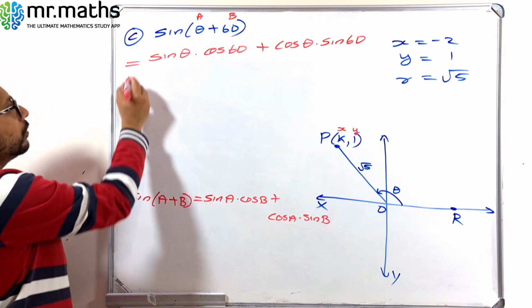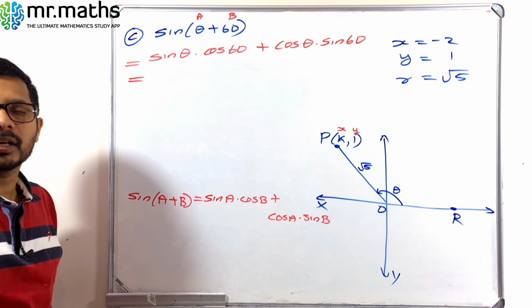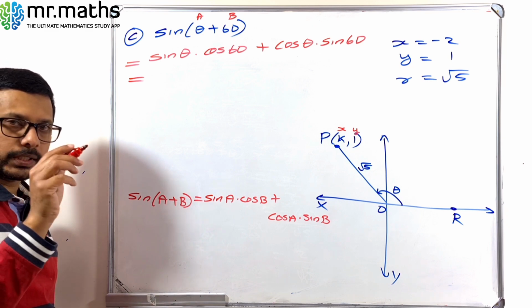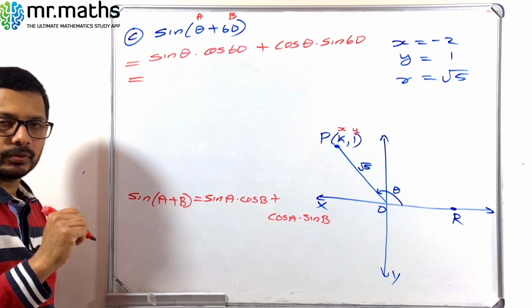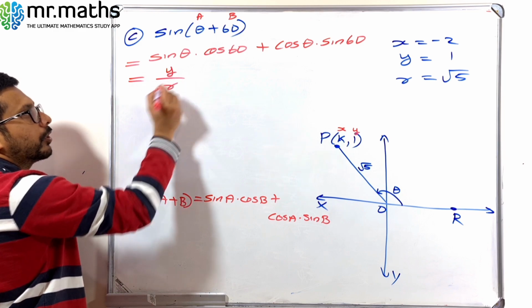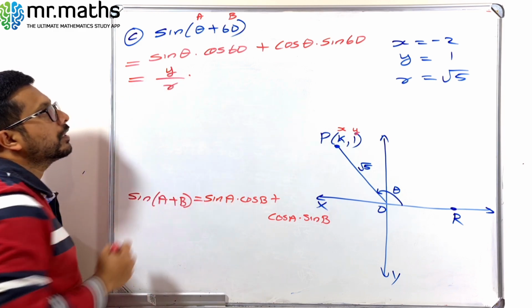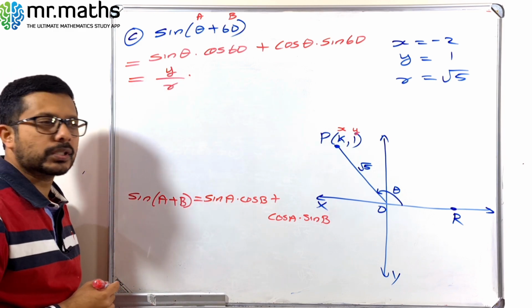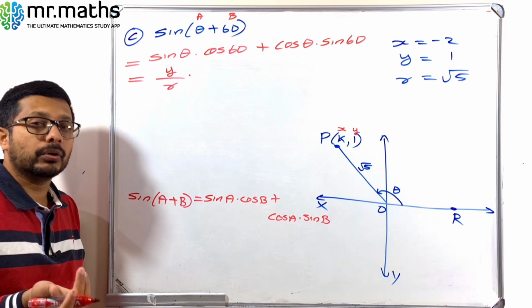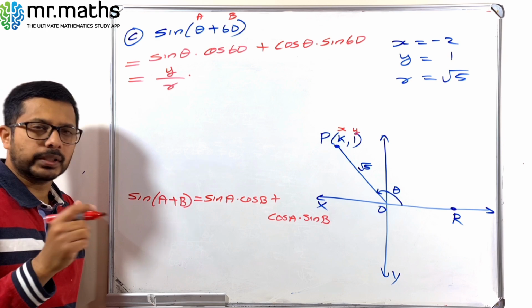Okay, now sine theta, what is sine theta? Sine theta means opposite side by hypotenuse. Opposite side we represented with y divided by hypotenuse, which is r. Then what is cos 60? Cos 60 is a special angle, am I right? You have to know the value of cos 60, or you can check in your calculator.